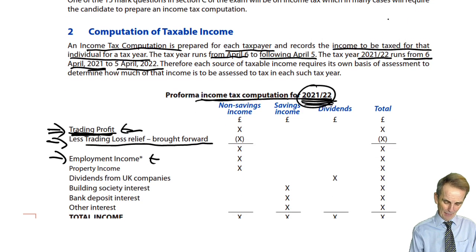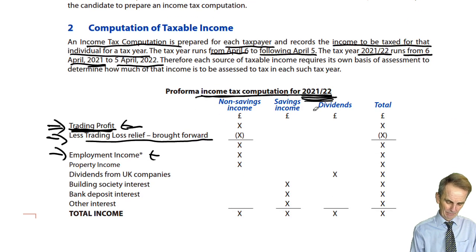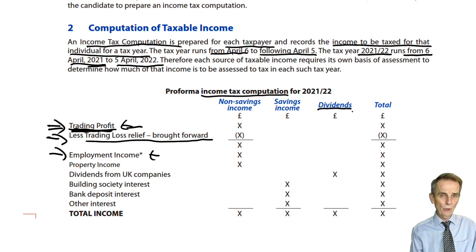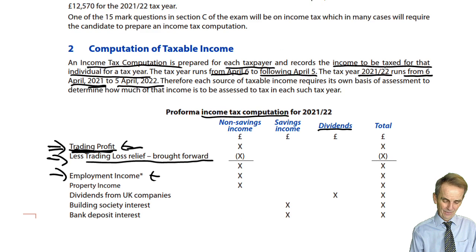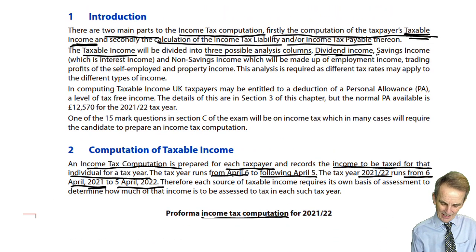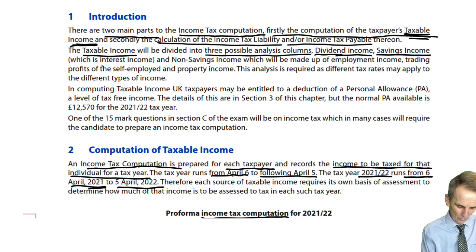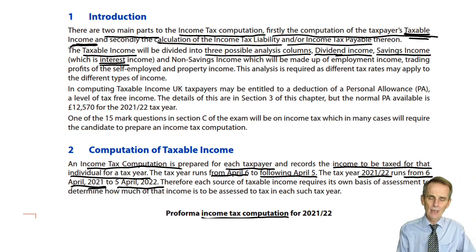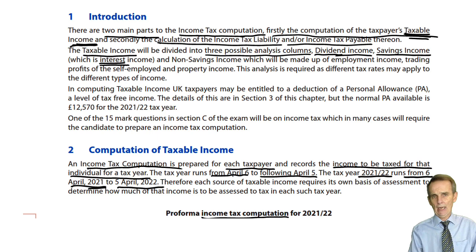If you look at that pro forma computation here, there is your dividend income. Another column that we will also use is savings income. And that is the fancy name that we give for what is our interest income. Interest income is known for tax purposes on the computation as savings income.